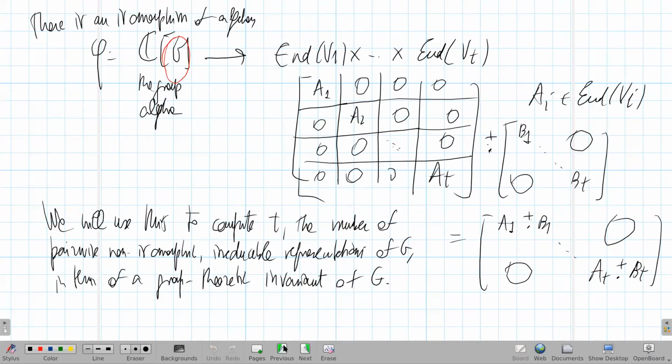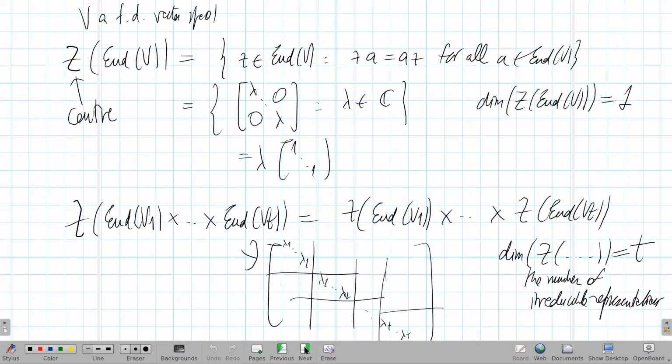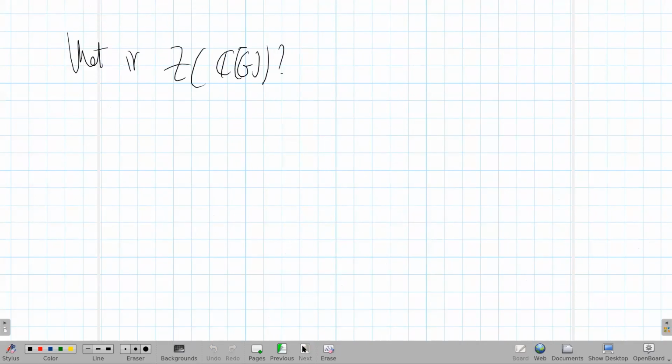Actually, what is the center of CG? The definition is exactly the same.